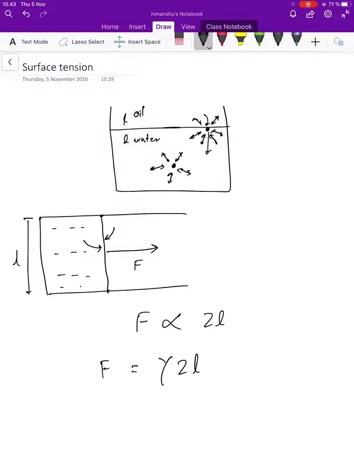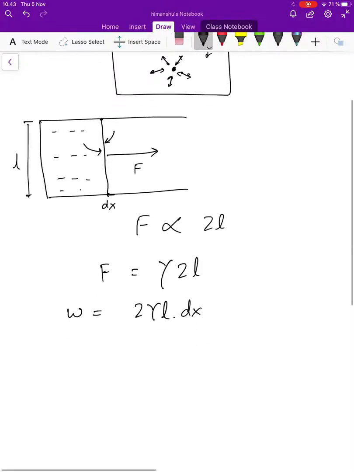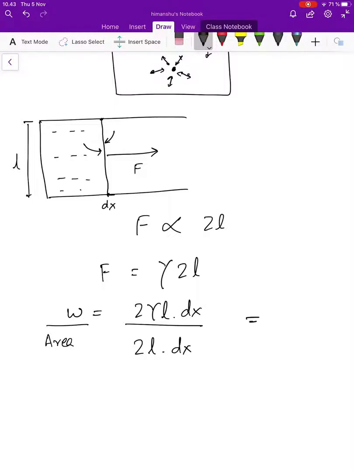Now if the liquid film moves by a distance dx, then the work done is equal to the force, which is 2 times the surface tension multiplied by the length, multiplied by dx. And if you divide this by the area, which is nothing but twice the length multiplied by dx, this is equal to the surface tension.